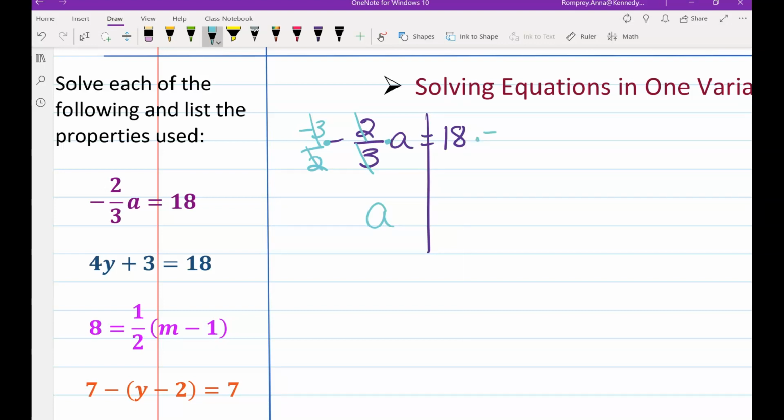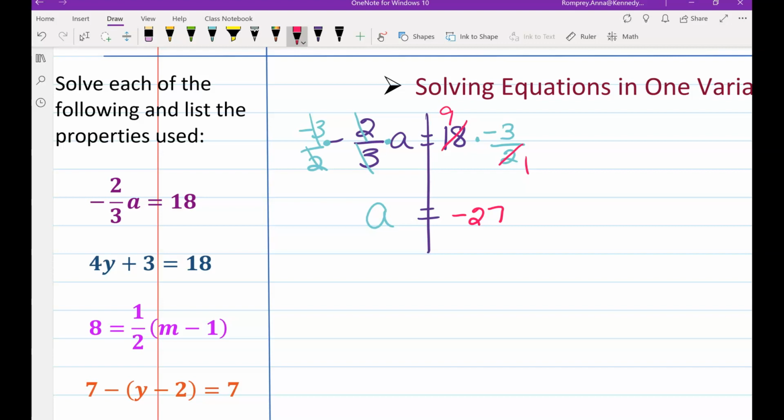So I don't get so excited that I forget to do it to the right side. So when I multiply, I'm going to go ahead and cross simplify. So 2 goes into 2 once and into 18 9 times. So now I have 9 times negative 3. A equals negative 27.